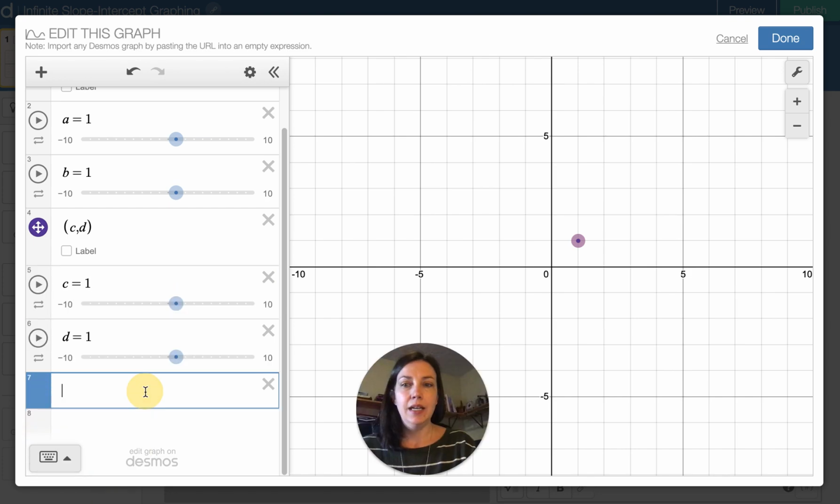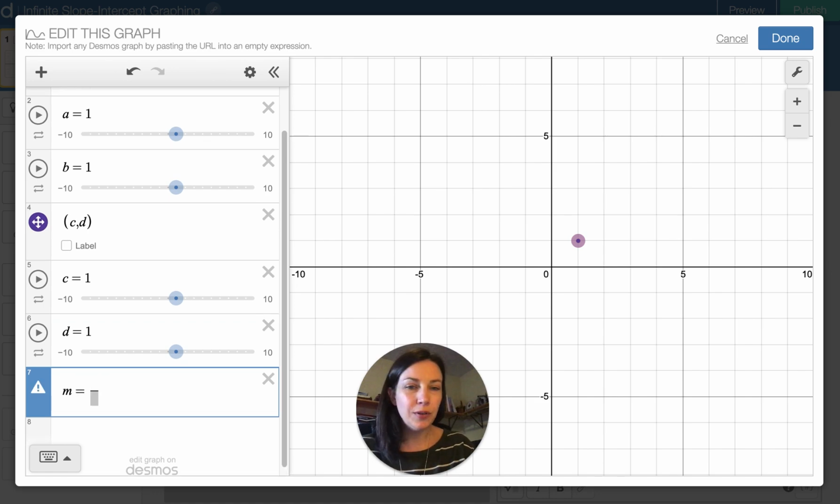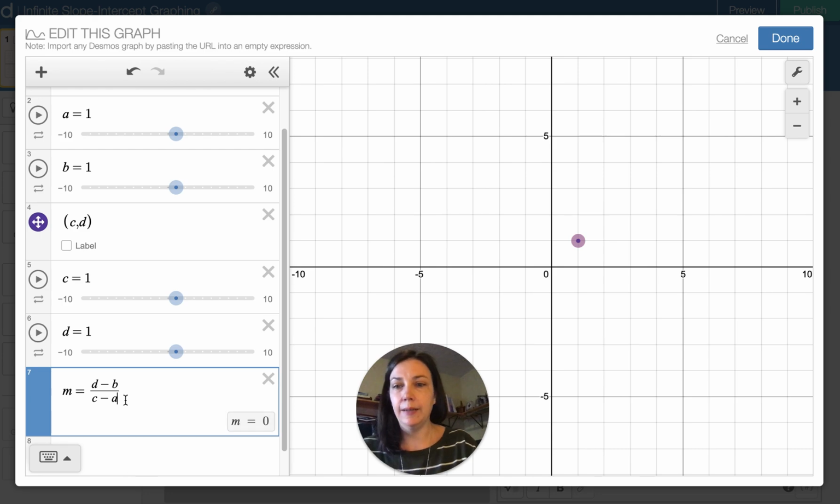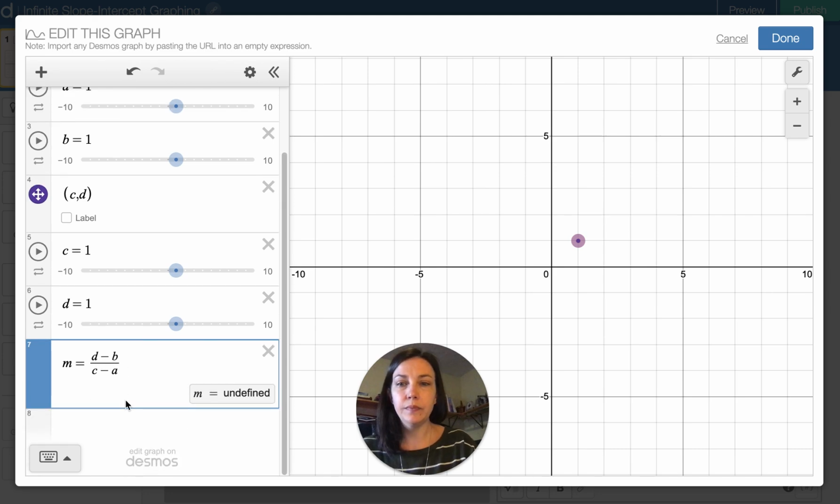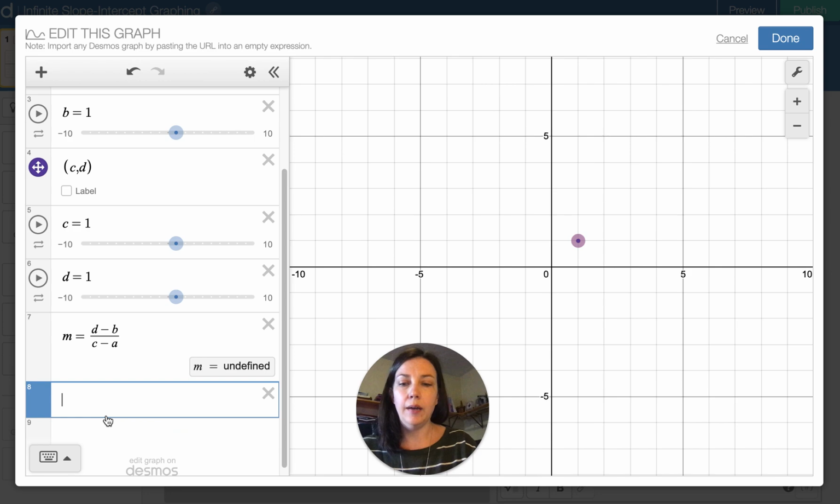That's good. So now I want the slope. And of course, this is y2 minus y1 over x2 minus x1, but I didn't label them that way. It would be d minus b over c minus a. Now the y-intercept is a little trickier. That one I solved on paper weeks ago, wrote down the formula, and now I never have to think about that again.